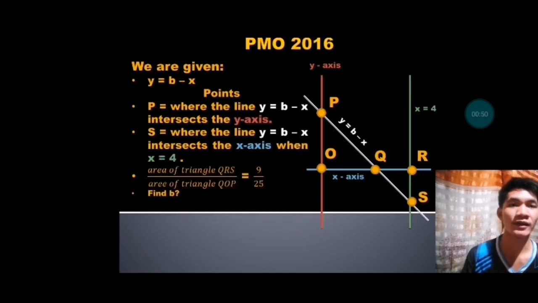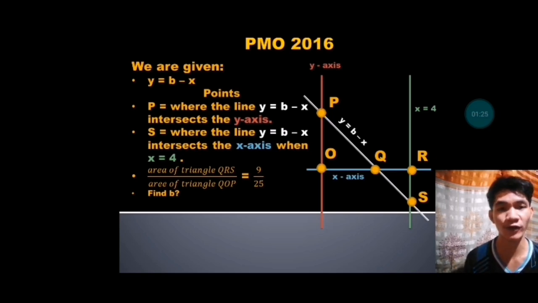So in the given problem, we are given the following information. First is the line y is equal to b minus x, which is our equation. Then we also have points P, S, Q, R, and O. Point P is the point where the line y is equal to b minus x intersects the y-axis, and S is the point where the line intersects when x is equal to 4.